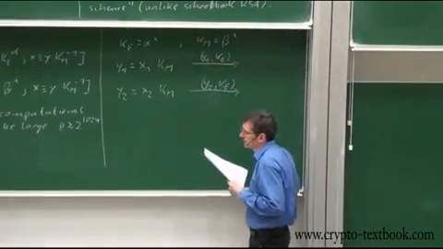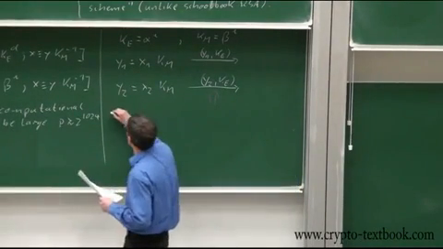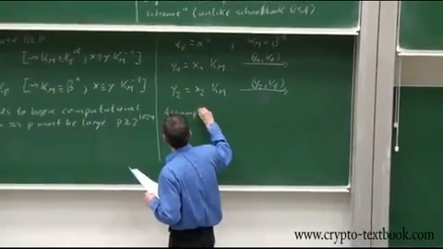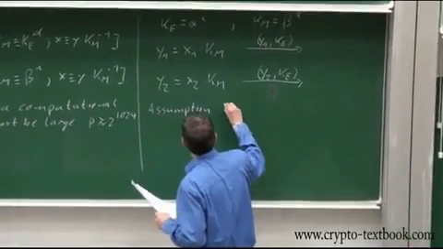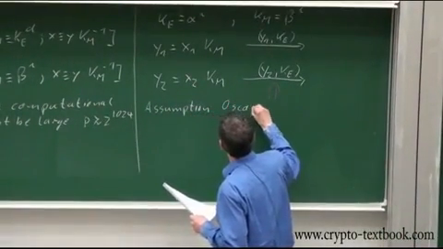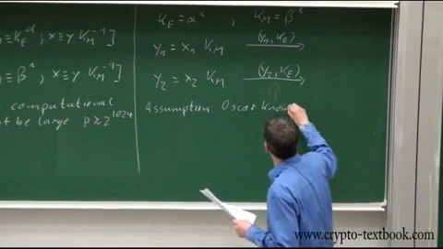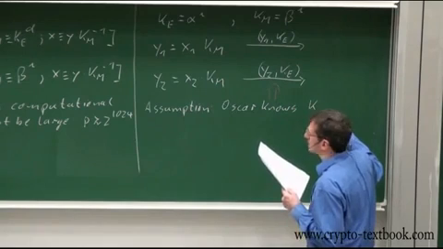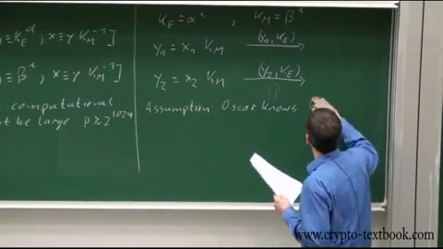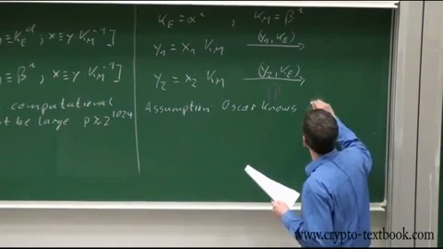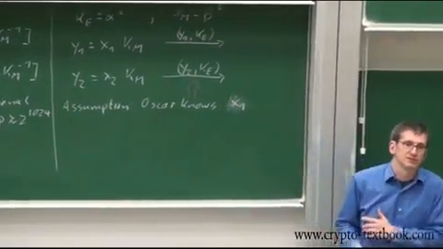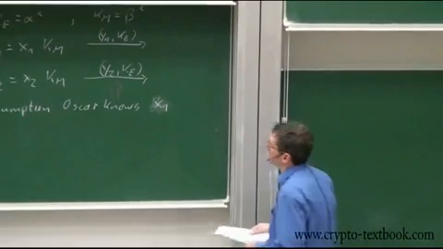Okay. So what we now assume, assumption, Oscar knows X1. He knows the first plaintext. So it's a known plaintext attack. Okay. He doesn't know the second one.